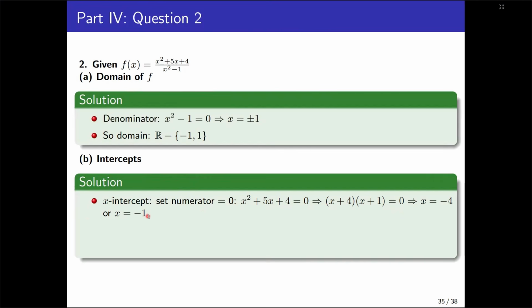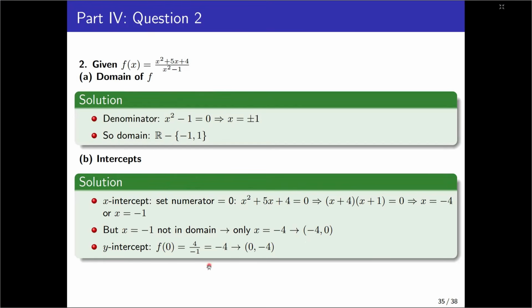But x equal to minus 1 is not within the domain of the given function, because the domain of this rational function is R without minus 1 and positive 1, so the only x-intercept of this rational function could be minus 4, 0. And the y-intercept will be obtained by letting x be 0, so that f of 0 is 4 over minus 1, which is equal to minus 4. Therefore, 0, minus 4 will be exactly the y-intercept of the function.